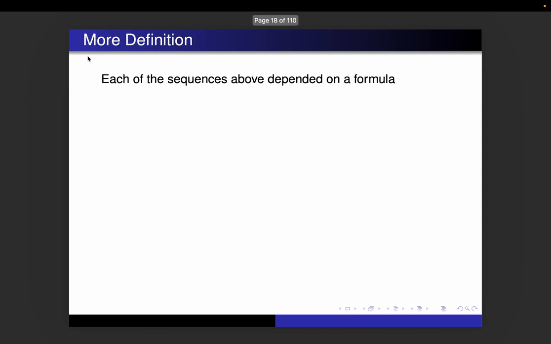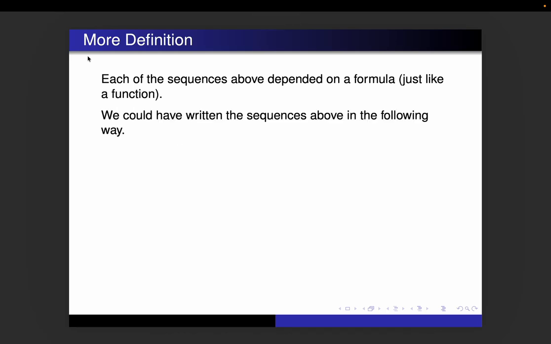And one of the things you may have noticed about all those examples is they all depended on a formula, which seems just like a function. And in fact, if we rewrote those sequences as f of n equals 1 over n, f of n equals n squared, f of n equals n factorial, we see that it actually is a function.